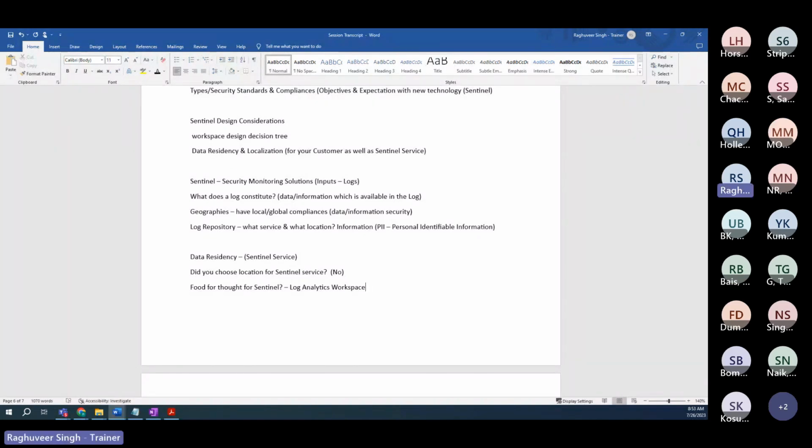That's my food for thought for Sentinel. I'm saying that's the input. Sentinel is connected to a Log Analytics Workspace, or Sentinel is reading logs from a Log Analytics Workspace, and then it is creating incidents. Is everyone with me on this? Yes, no, maybe?